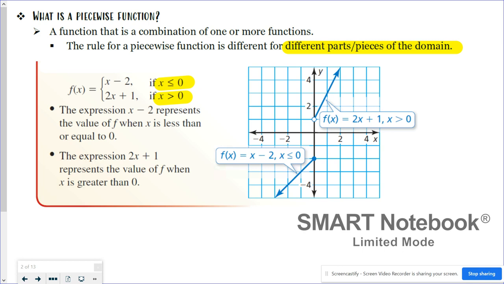And then you've got the rule. They say it's different for different parts. One of the rules is x minus 2. The other rule is 2x plus 1. It all depends on what part of the domain you are evaluating for. That's how you determine which piece to use.